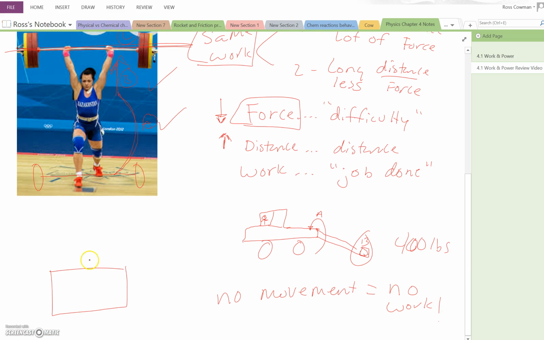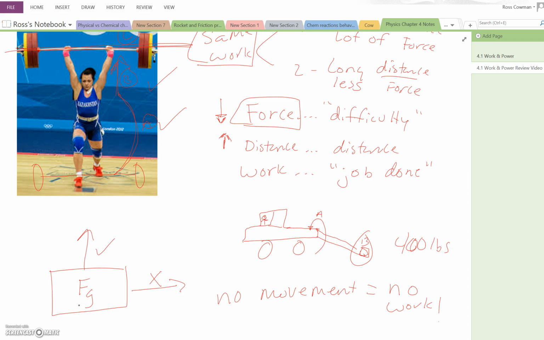So, for example, when we were in class and we had a big box on the floor, and we needed to pick it up, that is doing work. But when we were then talking about walking it this way, we were no longer doing work. And the reason that was the case is because the force that we were fighting was the weight of the object, the force due to gravity. So when we picked it up, and gravity was trying to pull it down, and we put a force pulling it up, the box also moved up.